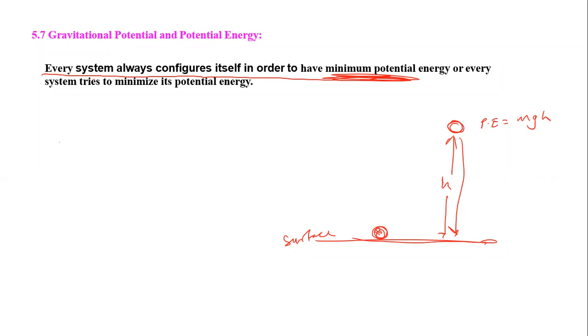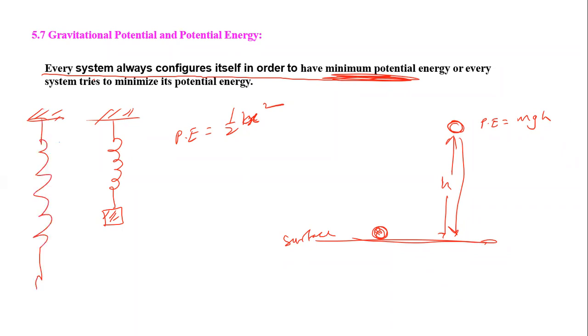Another example. This is a spring. The potential energy of the spring is given by the formula half k x square. This formula you will learn later. As I stretch the spring, meaning we elongate the spring, potential energy increases because potential energy depends on x.